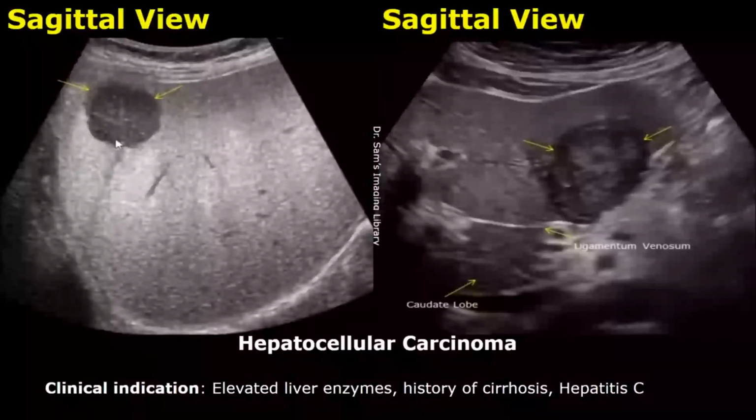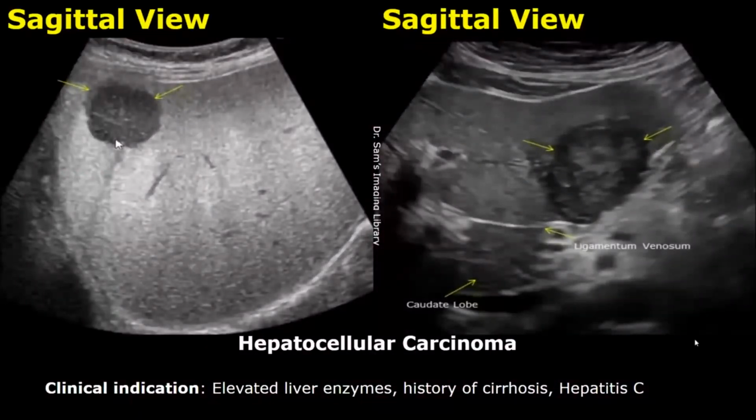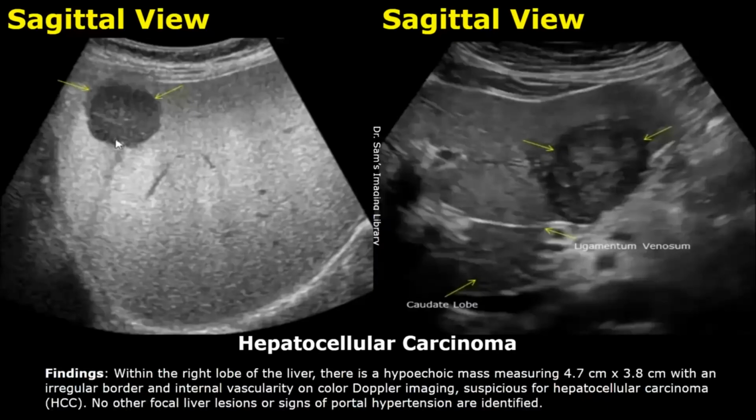For hepatocellular carcinoma, the clinical indications include elevated liver enzymes, history of cirrhosis or hepatitis C. Its findings include a hypoechoic mass with irregular borders and internal vascularity on color Doppler.